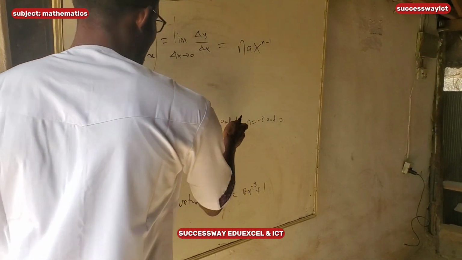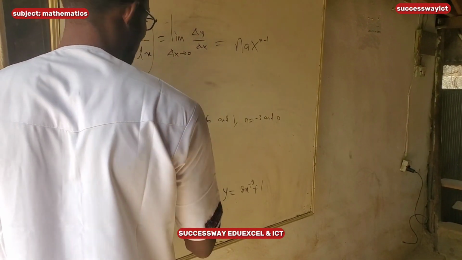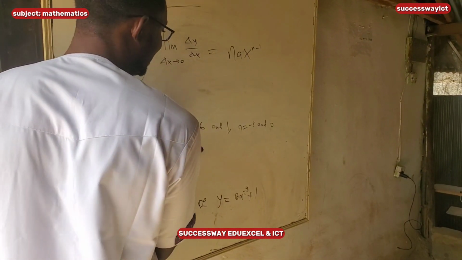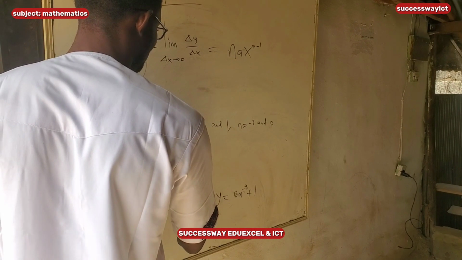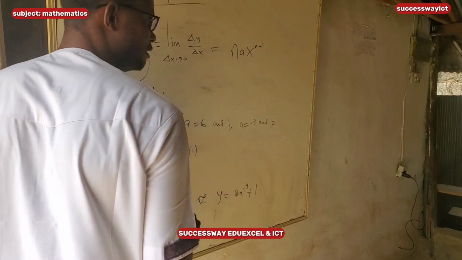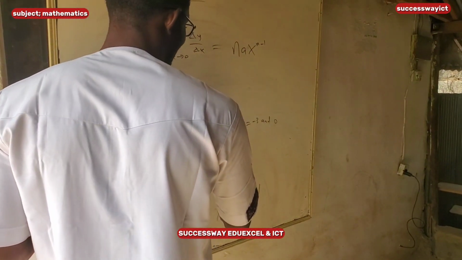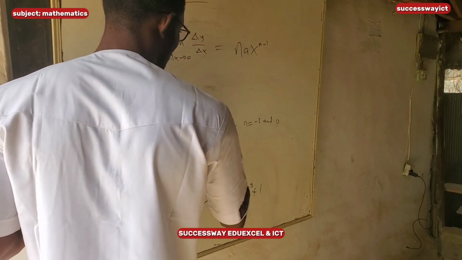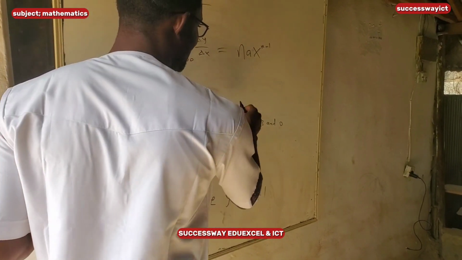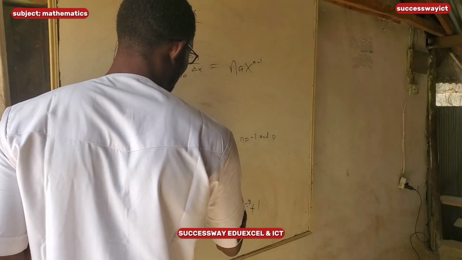Plus, here, your n is 0, multiplied by a, which is 1, multiplied by x, which is what? 0. There is no x. Are we together? Raised to the power of n, which is what?